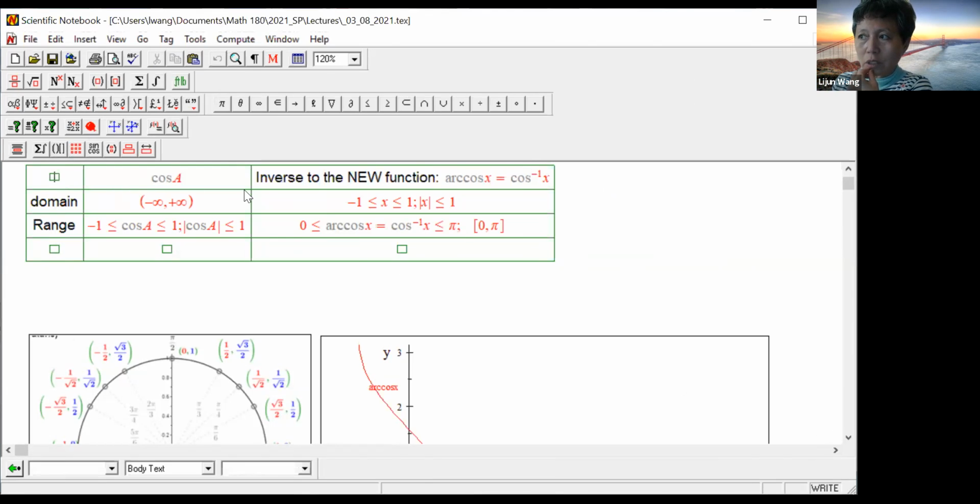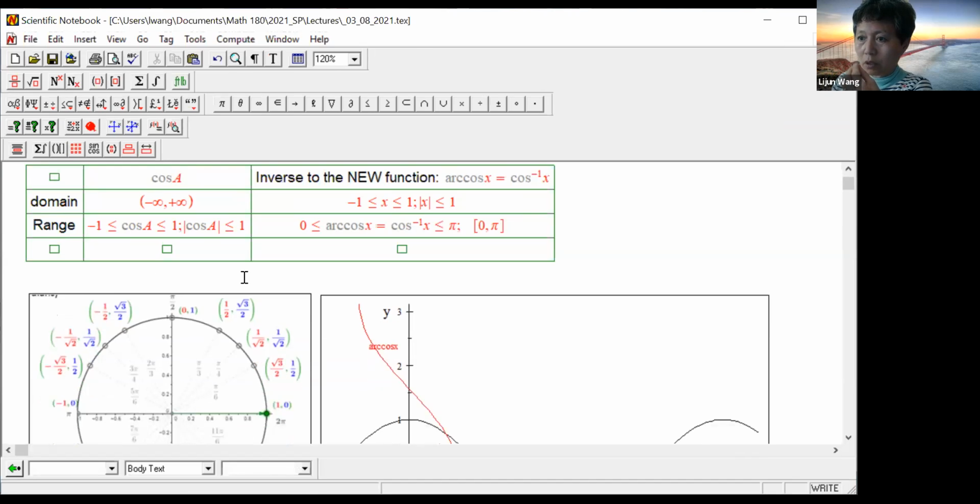The functions you use are always these two. They're not inverse to each other. That's what confuses people. The two functions we use often are not inverse to each other.